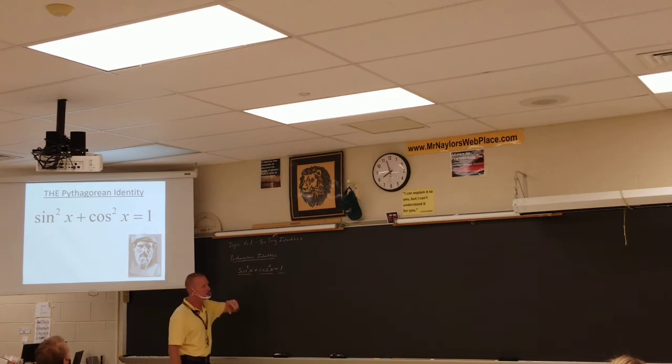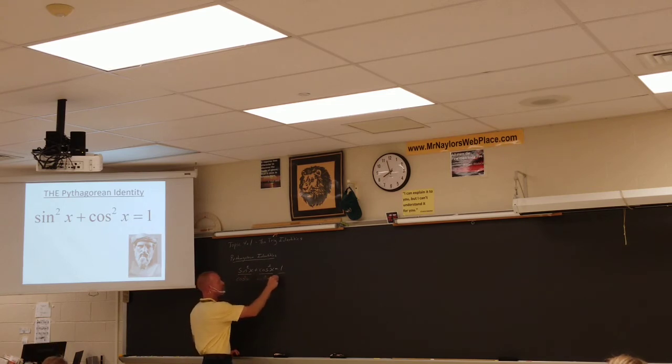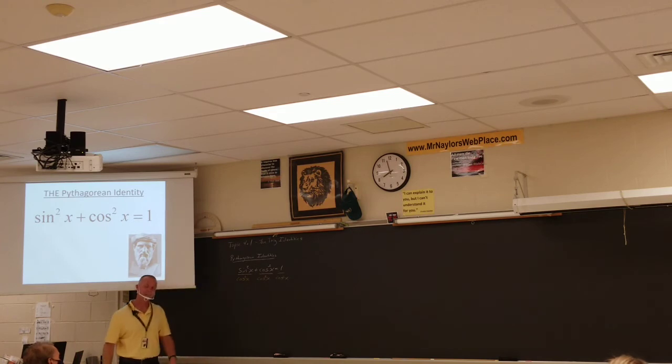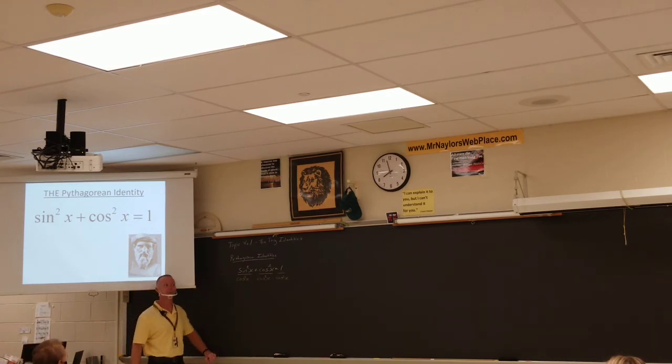And so what if we divide by cosine squared? Now don't get too hung up on why, because you're going to find out in about 30 seconds. But make sure you say, I'm allowed to do that. Because again, I can divide anything I want as long as I do it to every part of the equation. Okay, so we're going to divide everything by cosine squared.